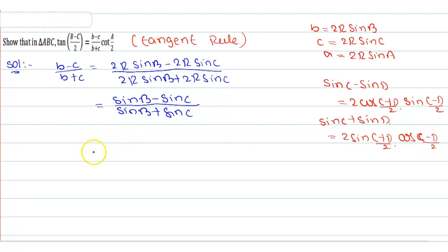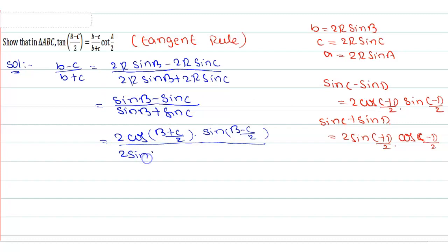So here I can apply those formulas: 2 cos of (B plus C) by 2 into sin of (B minus C) by 2, by sin B plus sin C, which I can write as 2 sin of (B plus C) by 2 into cos of (B minus C) by 2.